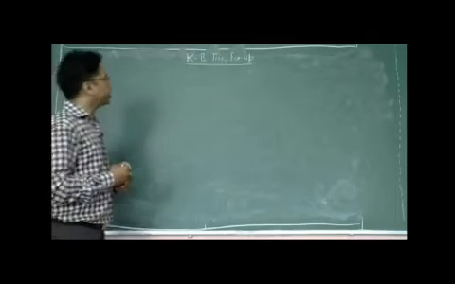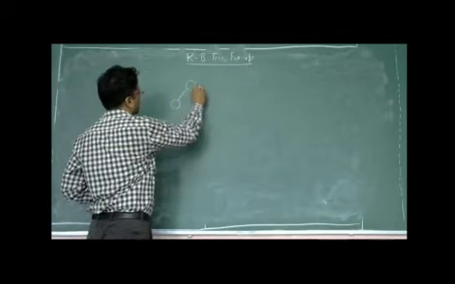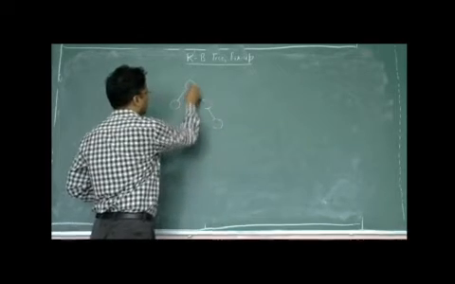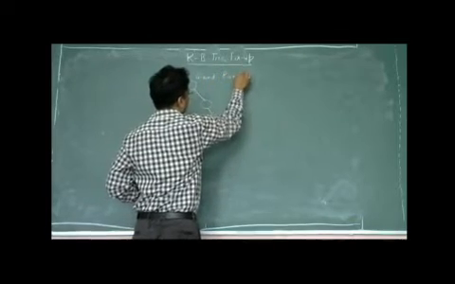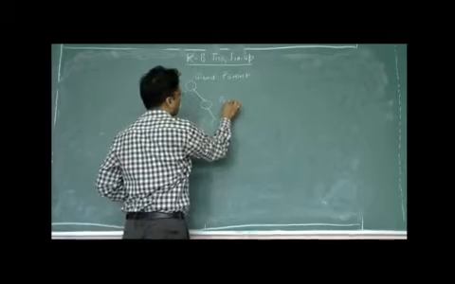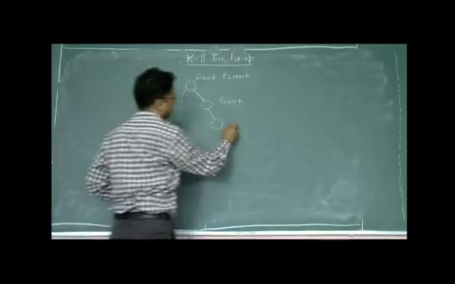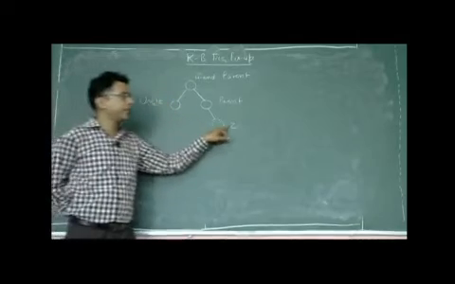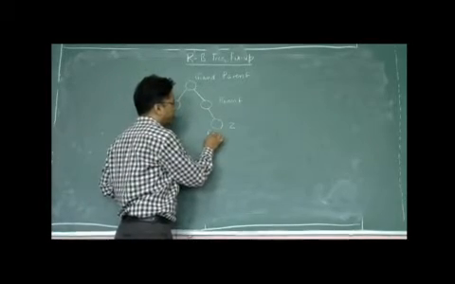Suppose this is a node: grandparent, parent, uncle, and Z. Here in this diagram, I have shown you that Z is the node that is being inserted, and by default it is considered to be of red color.